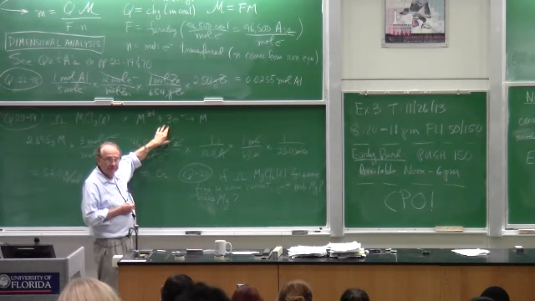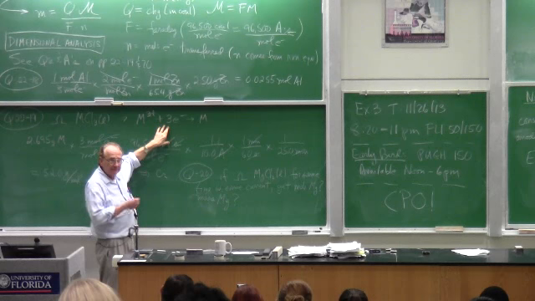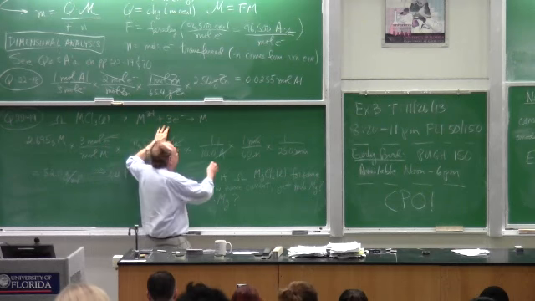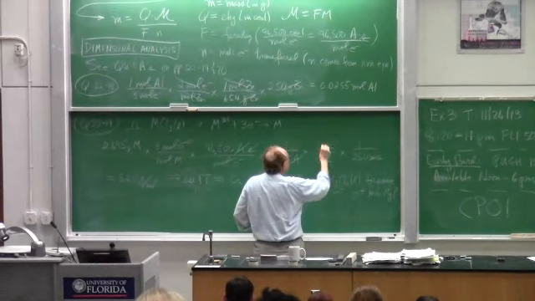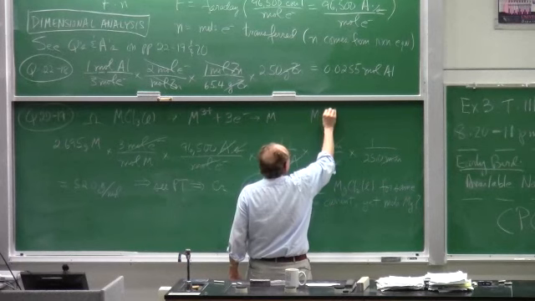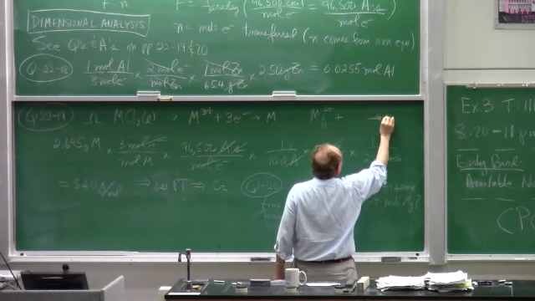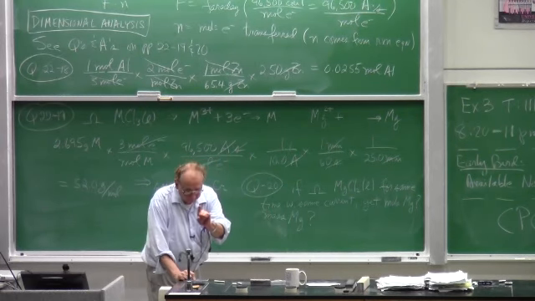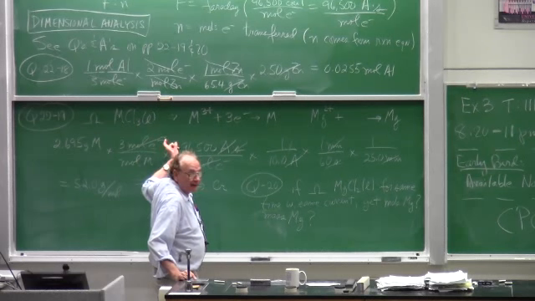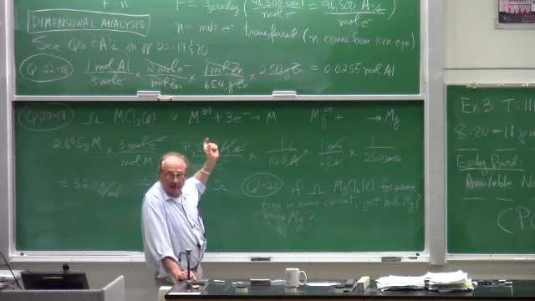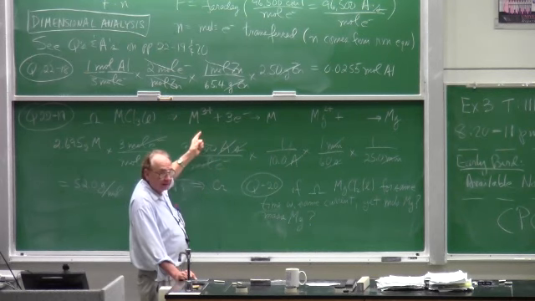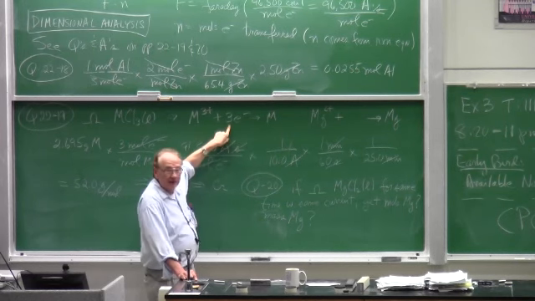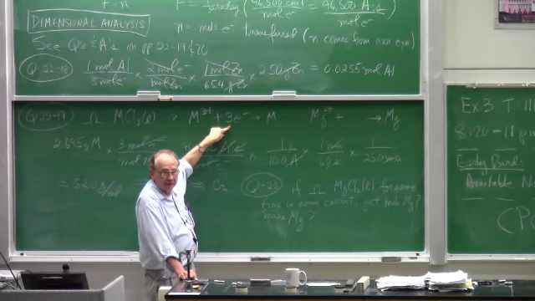Now with the same current, running for the same time, if on electrolyzing the chromium chloride, this stuff, I were to make a mole of chromium, how much electricity do I have to put in? 3 moles.